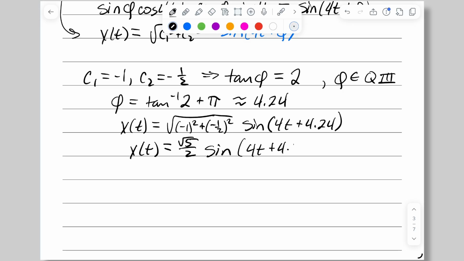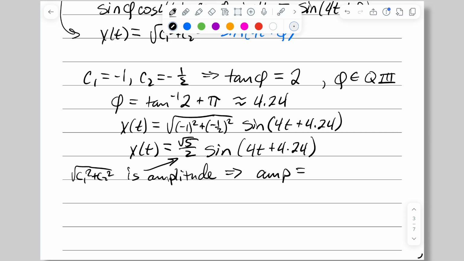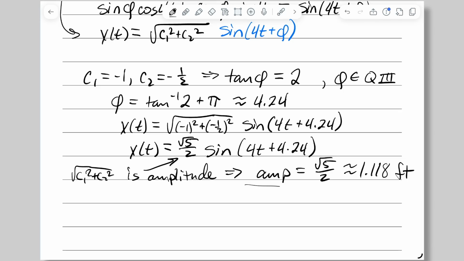And that's the equation of motion for the system. Further, that square root of c1 squared plus c2 squared is the amplitude. So the amplitude here is the square root of 5 over 2, which is approximately 1.118. I guess I can put feet. Now that answers the rest of the question there.